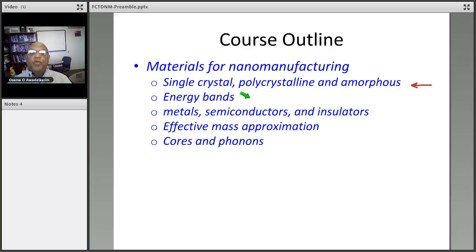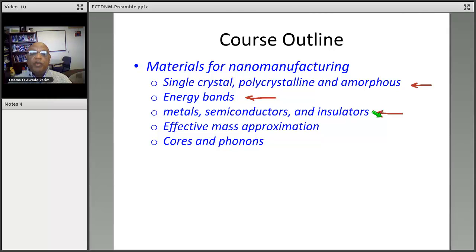We will also go through a theoretical treatment and solutions of appropriate equations to come up with the energy band scheme for solids. And then using these energy bands, we will distinguish between different types of solids, metals, semiconductors, and insulators.